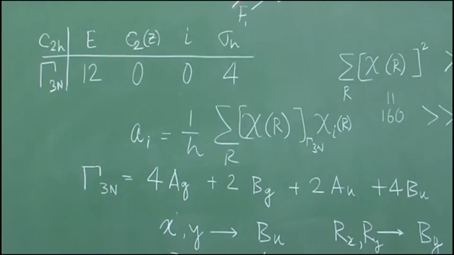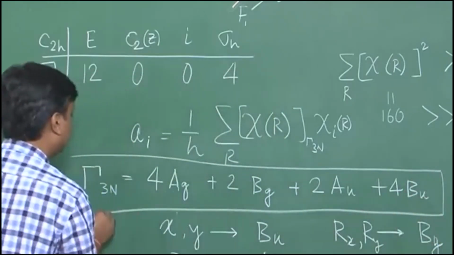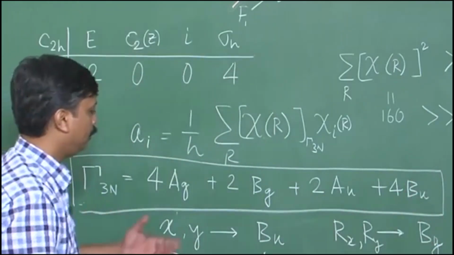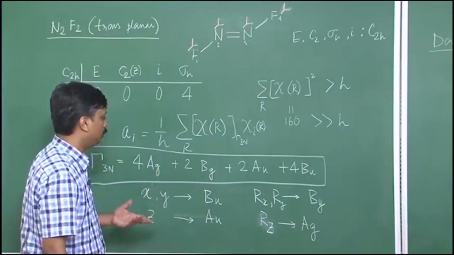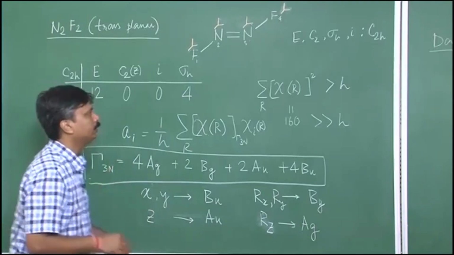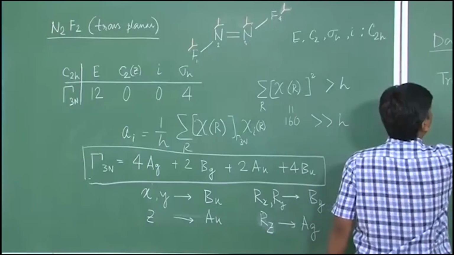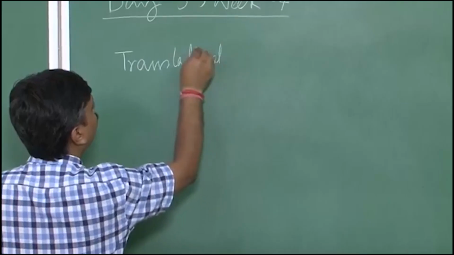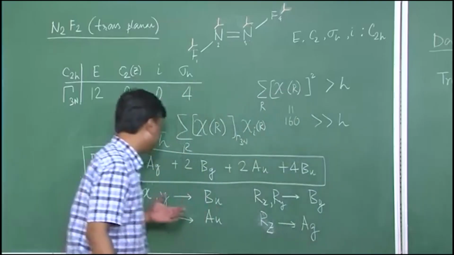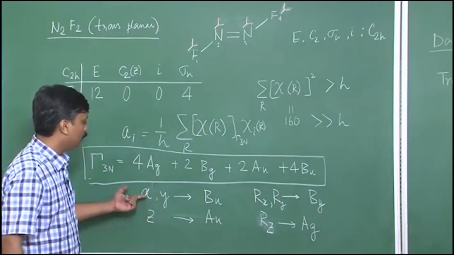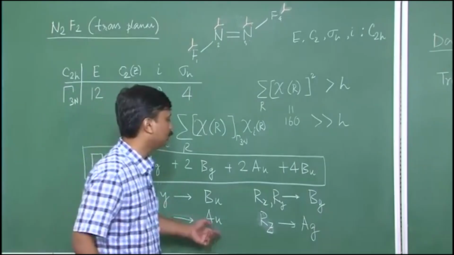So this is my overall irreducible representation, and then I have to get rid of the translational rotational contribution. So translational contribution comes from this x, y and z. So both x and y transform as Bu, and z transforms as Au.